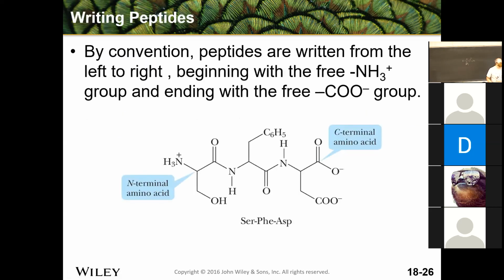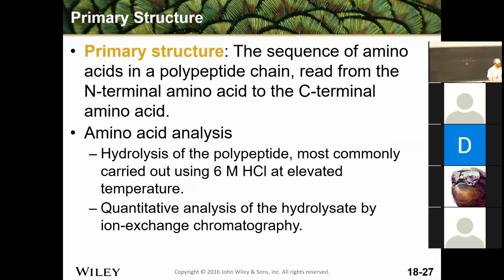Okay, by convention, peptides are written from left to right, beginning with the free NH3+ group, which is called the N terminus, and ending with the free carboxylate group, which is also called the C terminus. So here's a tripeptide of serine, phenylalanine, and aspartic acid, sorry.